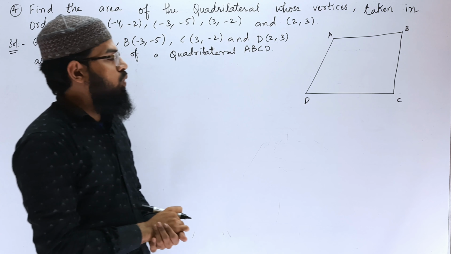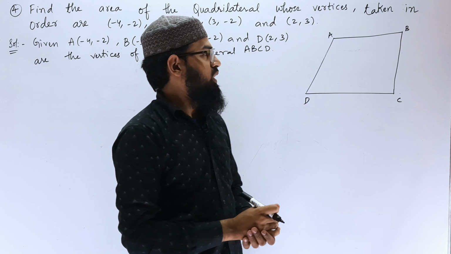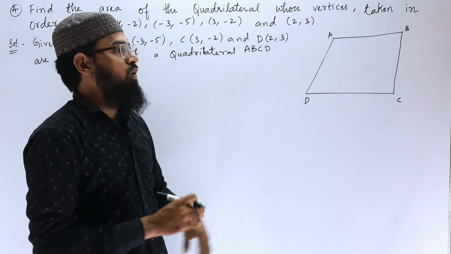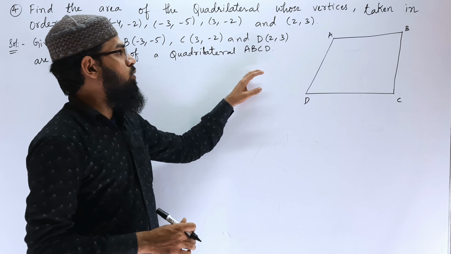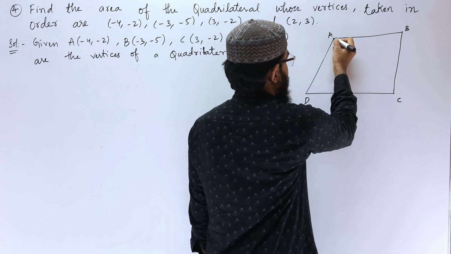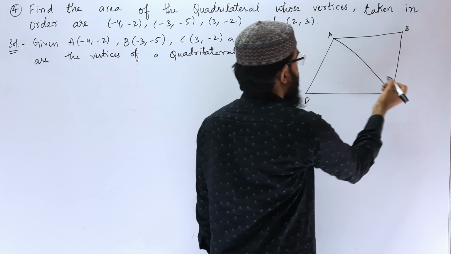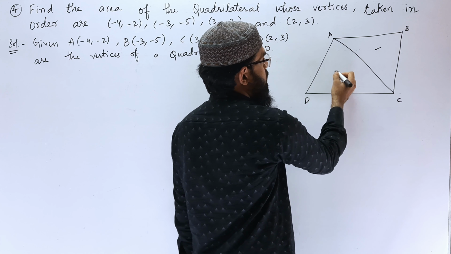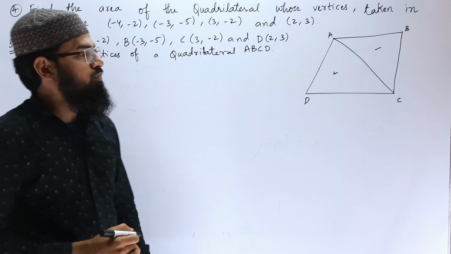So we don't know which figure this is, so it has become difficult for us to find out the area. To make it easy, we will split this quadrilateral into two halves. So this will be a triangle and this will also be a triangle.